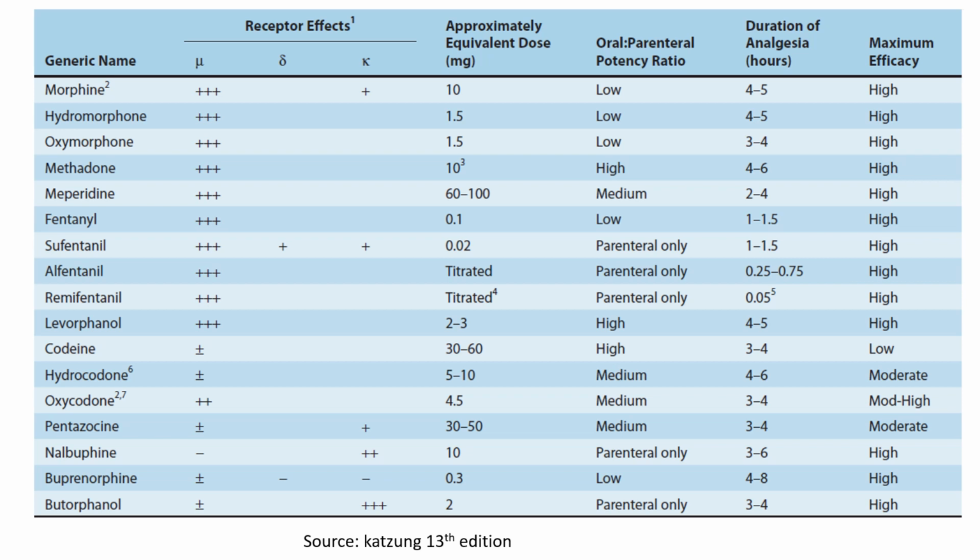Pentazocine has moderate affinity, whereas nalbuphine is a mu antagonist. Buprenorphine and butorphanol are partial agonists. The drugs pentazocine, nalbuphine, and butorphanol have agonistic actions on kappa receptors, and hence they are called kappa analgesics.